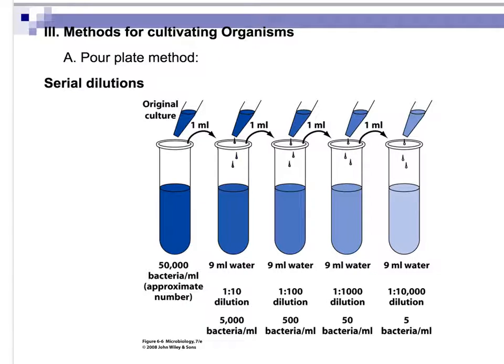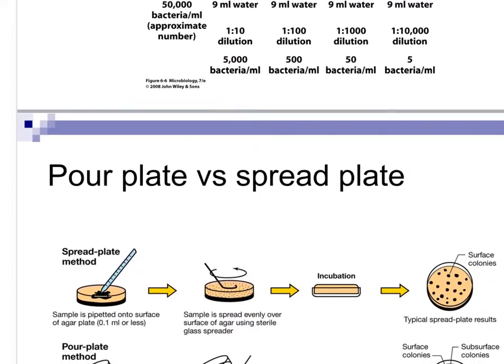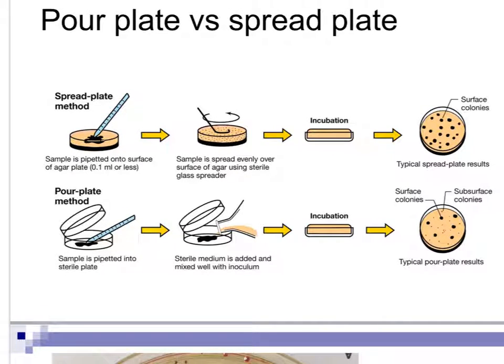Now, in order to count it, we're either going to do a pour plate method or a spread plate method. And we'll do a spread plate in lab this term. So I'll go over this in class so you make sure you understand it. For the spread plate method, it's the easiest.